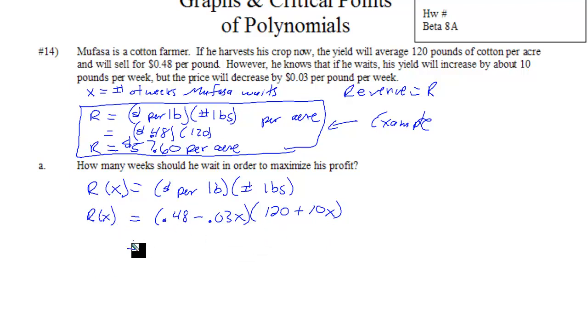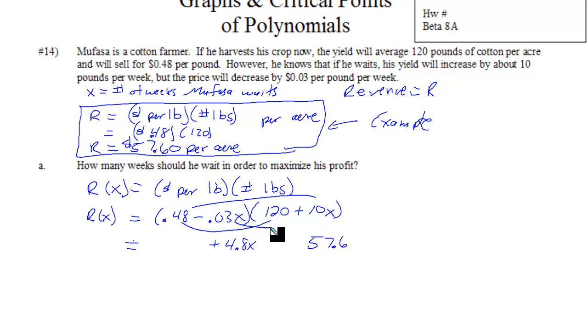If we multiply this out to simplify it, here's what we'll get. Multiplying 0.48 times 120, we get 57.60. If we multiply 0.48 times 10x, we get 4.8x.